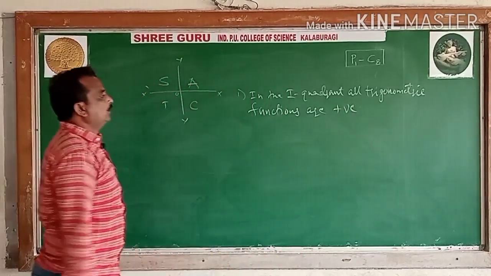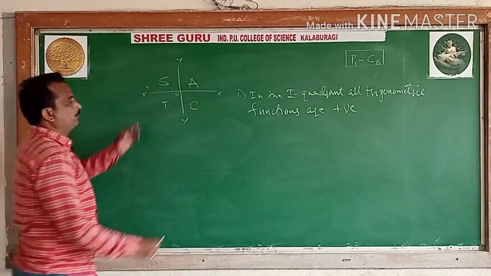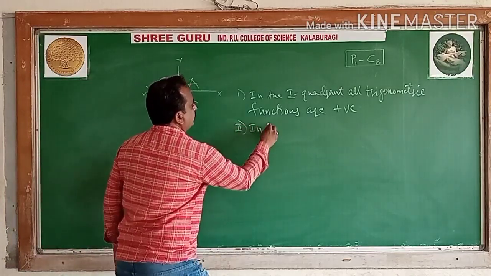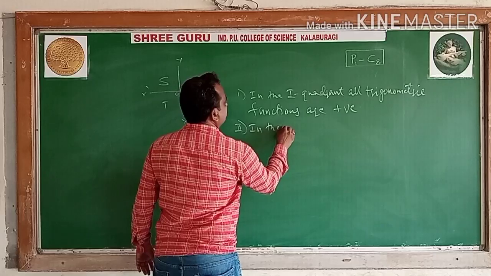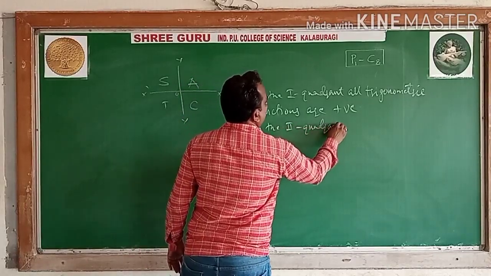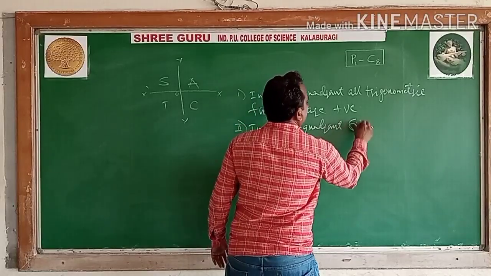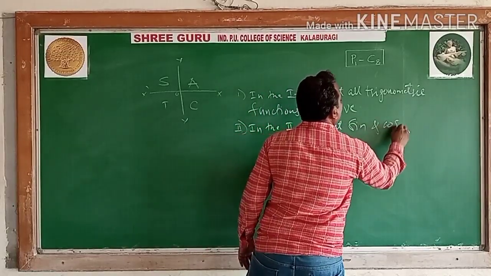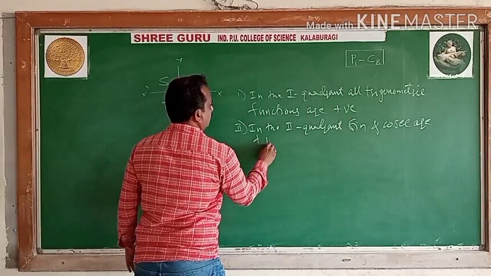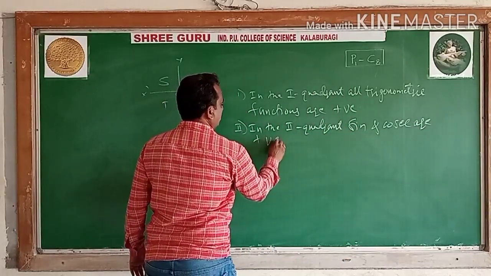In the first quadrant, all the trigonometric functions are positive. Second quadrant, in the second quadrant, sine and cosec are positive.